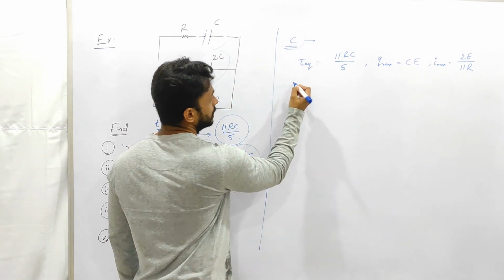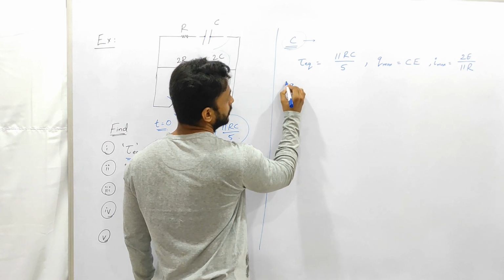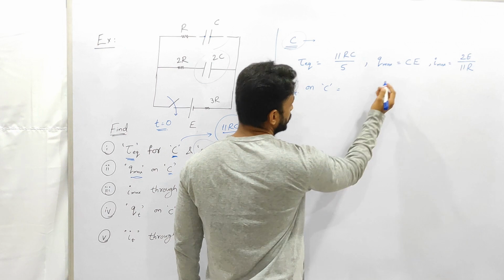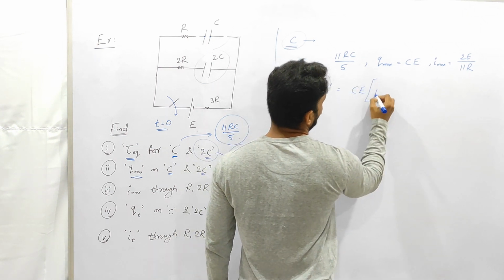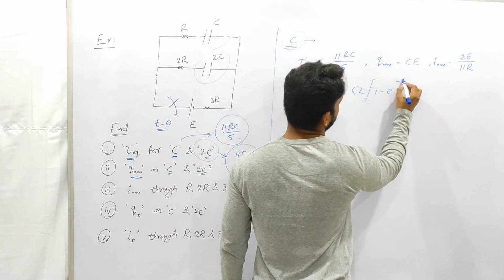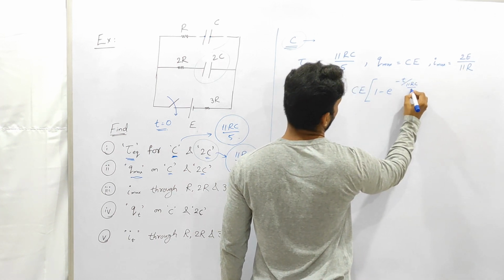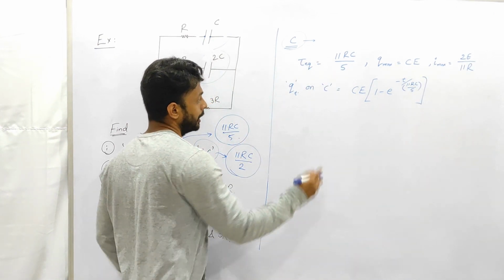Now can we find the Q as a function of time on C? Q as a function of time on C is equal to Q max into 1 minus e power minus t by tau equivalent, that is 11RC by 5. As simple as that.